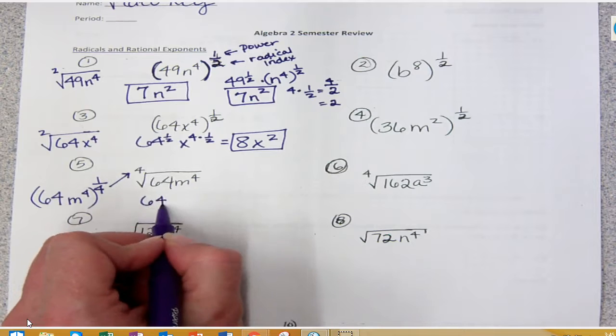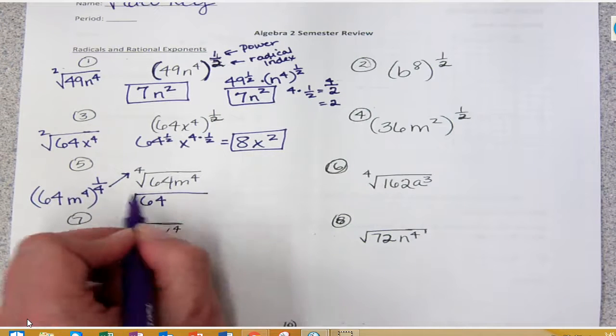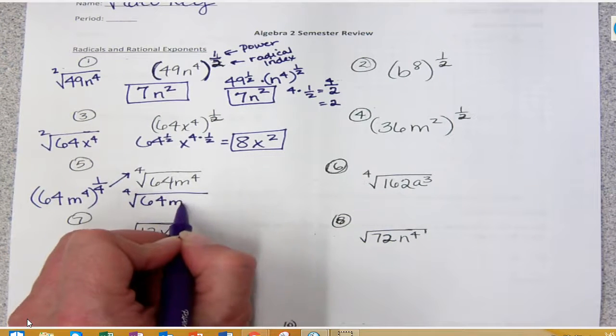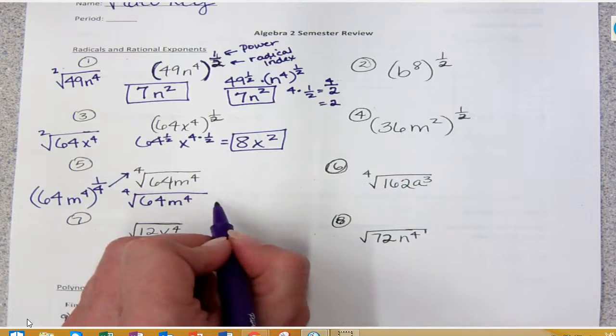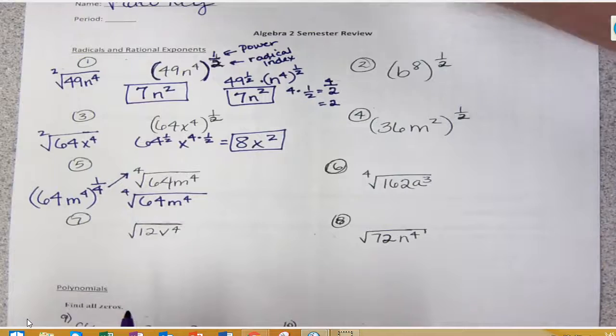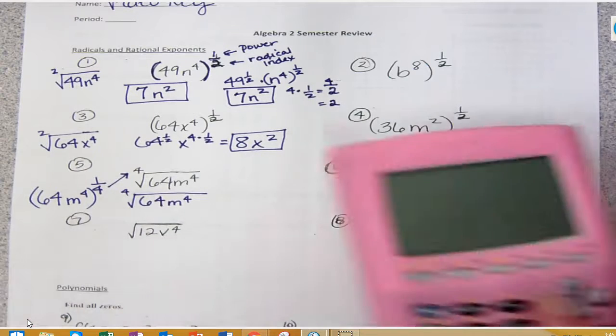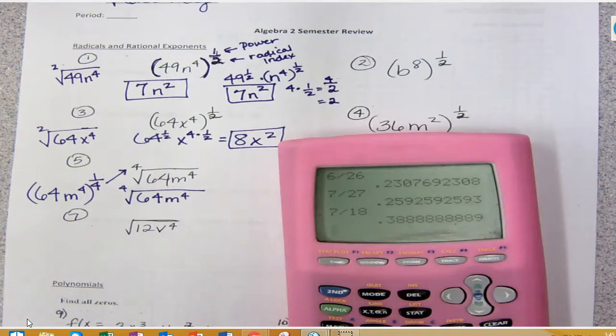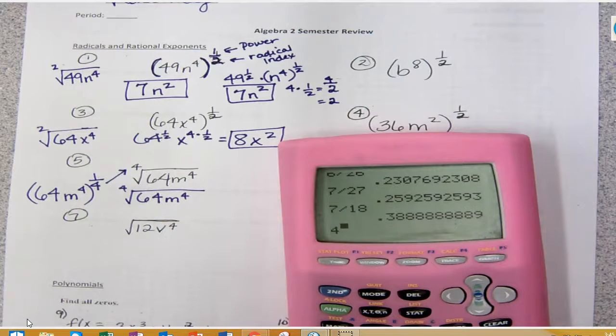But if you're just going to simplify that, the fourth root of 64 is going to be, what number multiplied by itself 4 times is going to give you 64? I believe, let me see here, can't remember, maybe 4. I think it's actually not 4, but let's try 4. 4 to the fourth is 256.